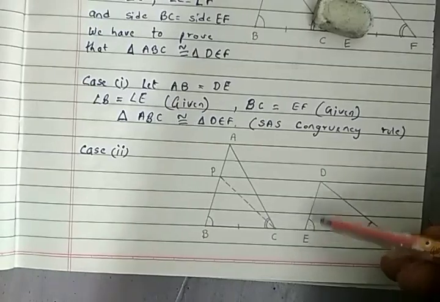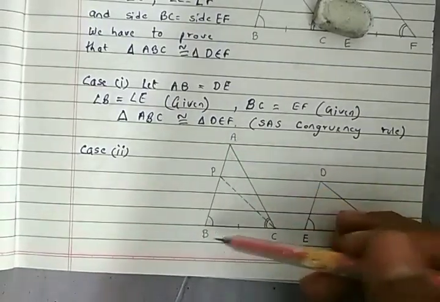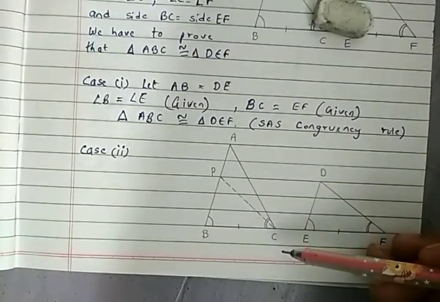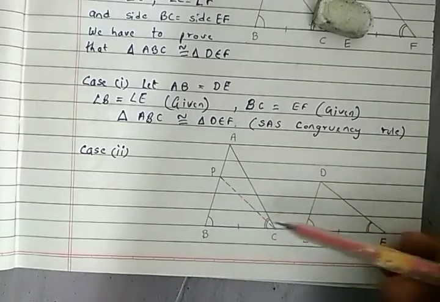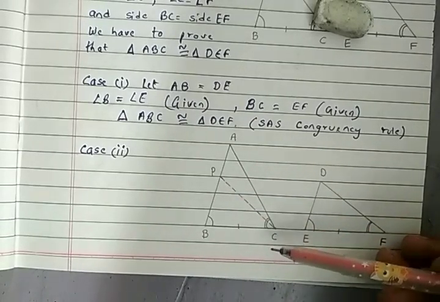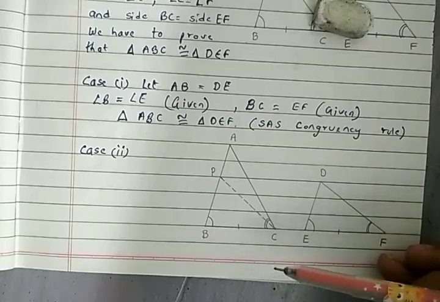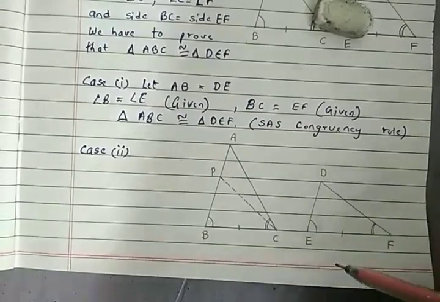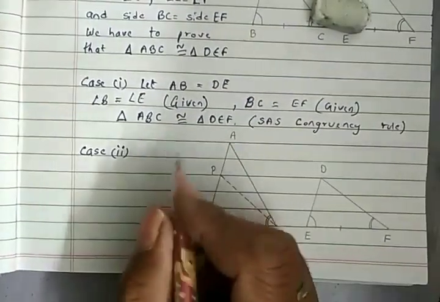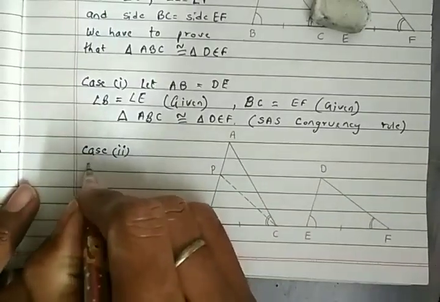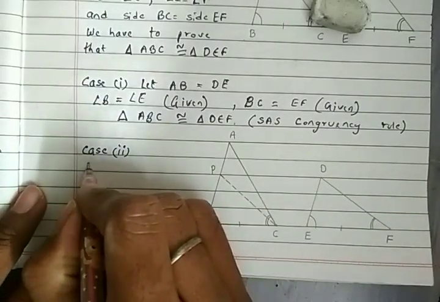Now instead of taking this whole triangle ABC, we will consider this triangle PBC, and try to solve this congruency rule. Here we will write everything we have said.